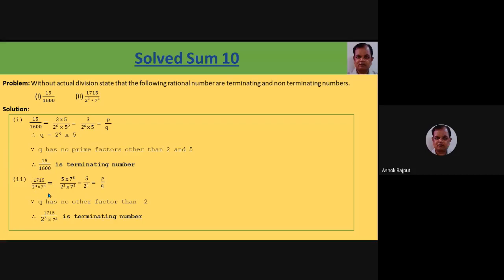But first we convert into simplest form, then we compare with our concept, because if it is in the form of 2 raised to the power m, 5 raised to the power n, then it will always be terminating. If it is not in this form, then it is not terminating.